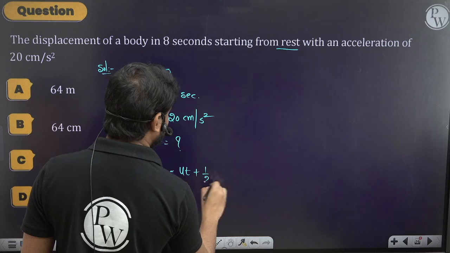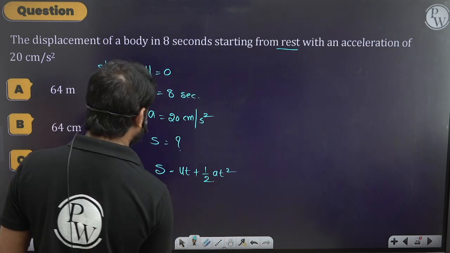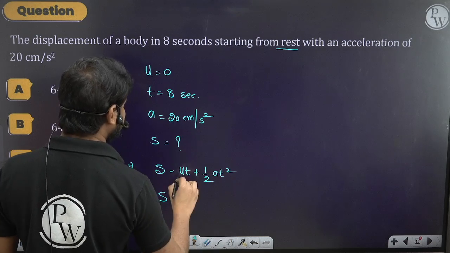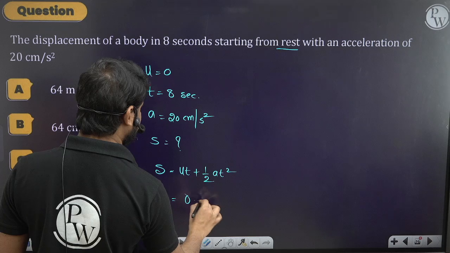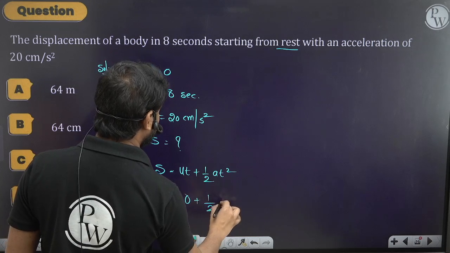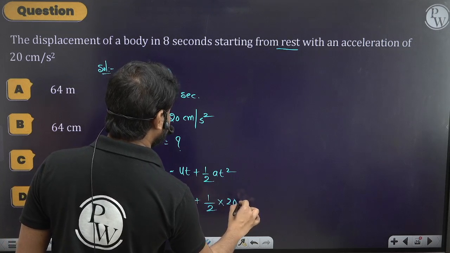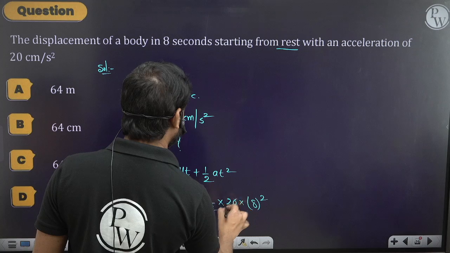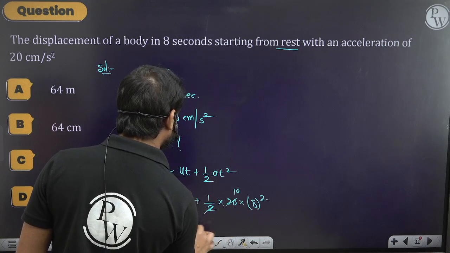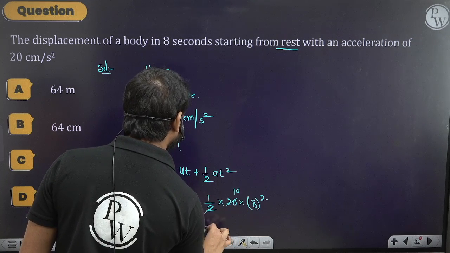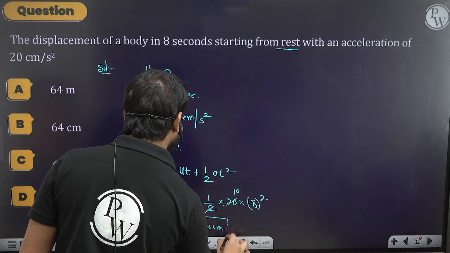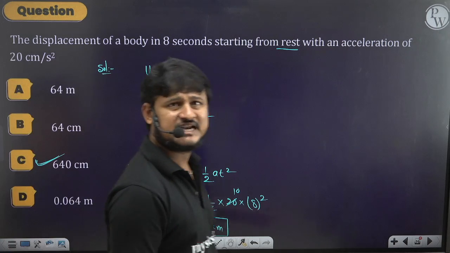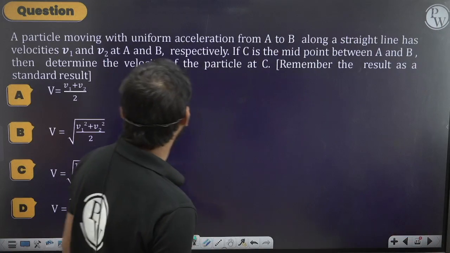Initial velocity is 0, so that whole term is 0 plus half into 20 into 8 whole square. So half of 20 is 10, s equals 64 into 10, so 640 centimeters. So the correct option is 640 centimeters, option C. Direct question.